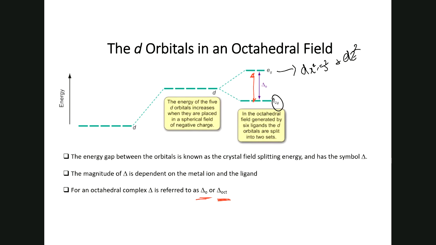The energy of the 5 d orbitals increases when they're placed in a spherical negative charge. As the charges come into an octahedral geometry, you can imagine happening simultaneously that the eg set, my dz squared and dx squared minus y squared, becomes higher in energy. When these become higher in energy, my dxy, dyz, and dxz become lower in energy because of the stabilization that comes along with splitting. This happens simultaneously, where the two go high and the three go low.